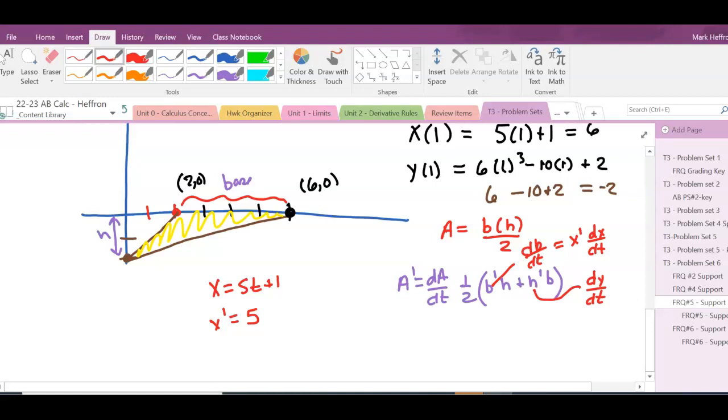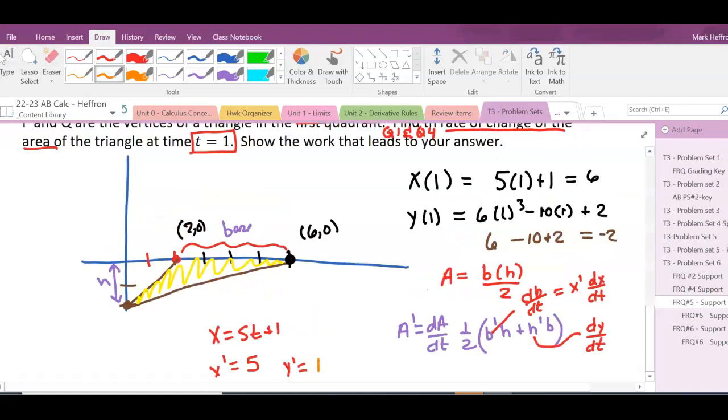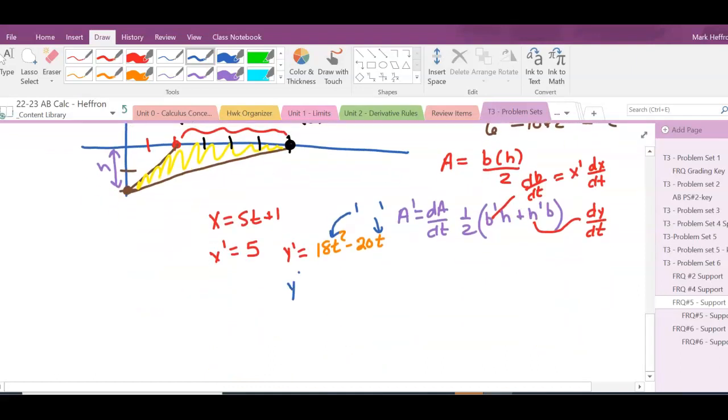And y prime was the derivative of y, 18t squared minus 20t. So when I plug a 1 in, we have y prime equals 18 minus 20, or negative 2 units per second. And all that means is my y is decreasing.